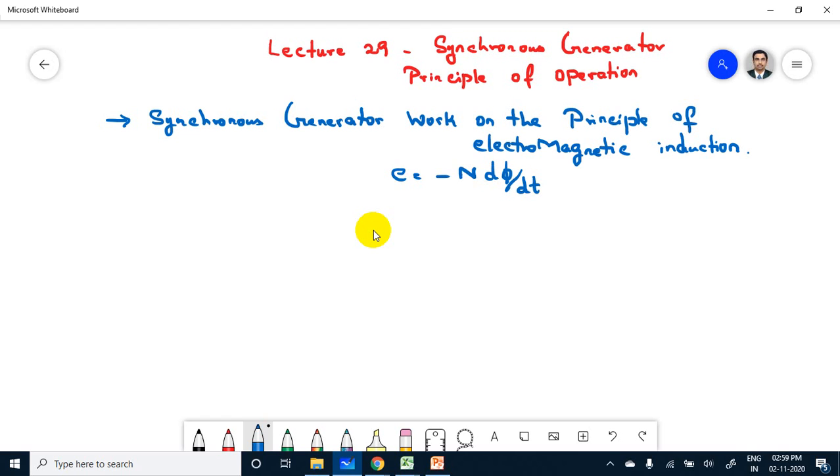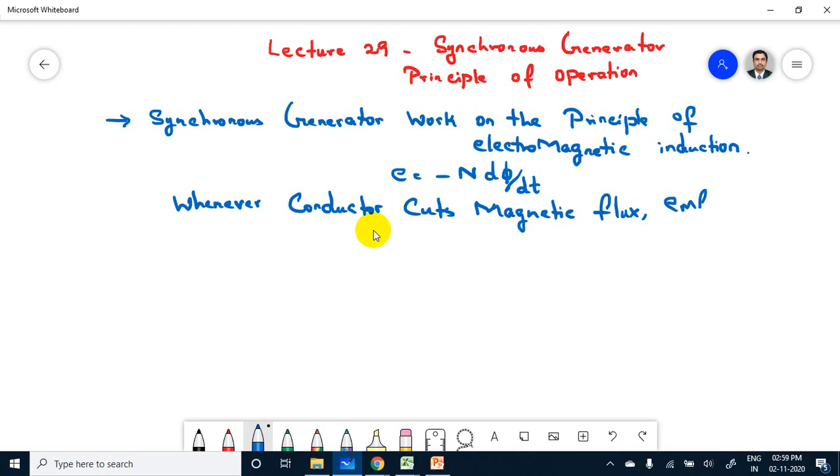What is the electromagnetic induction? Whenever a conductor cuts the magnetic flux, EMF will be induced.